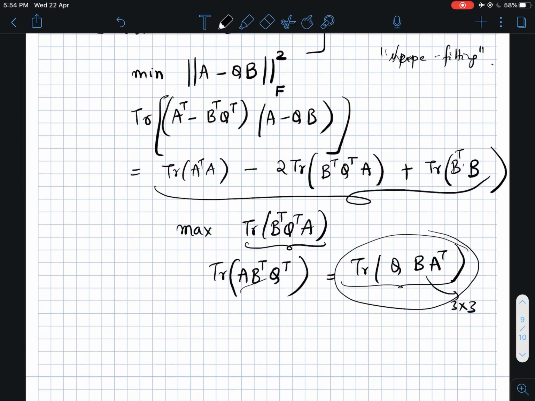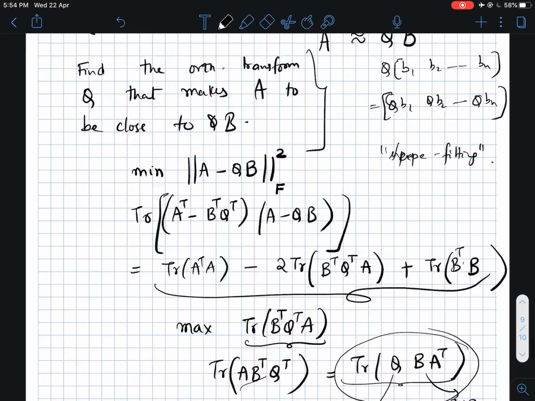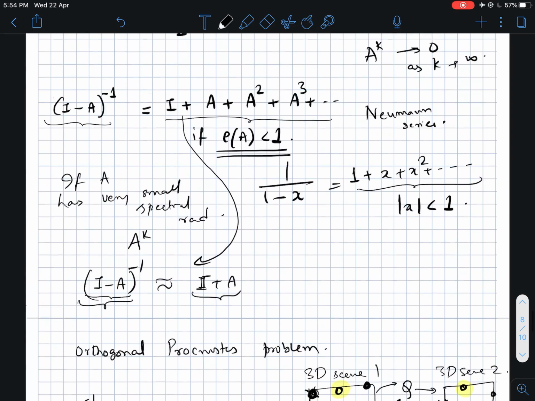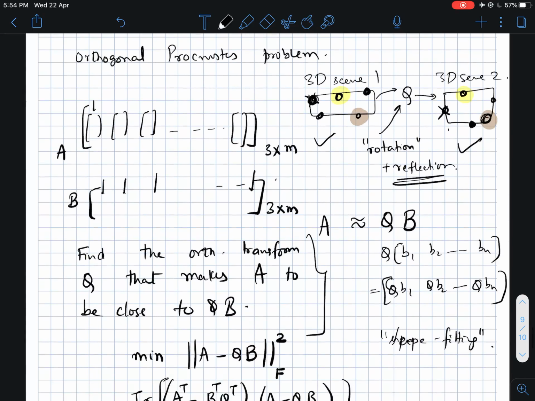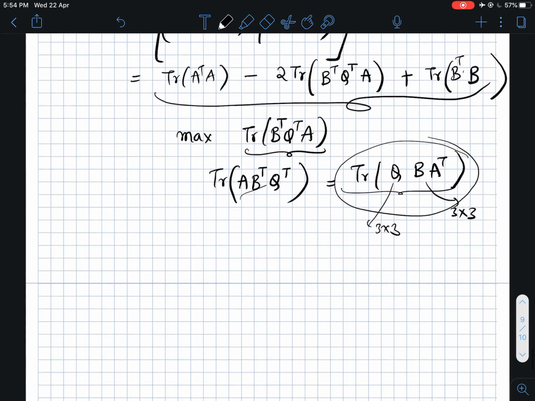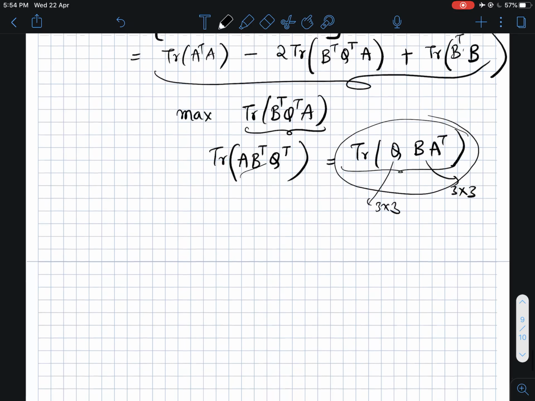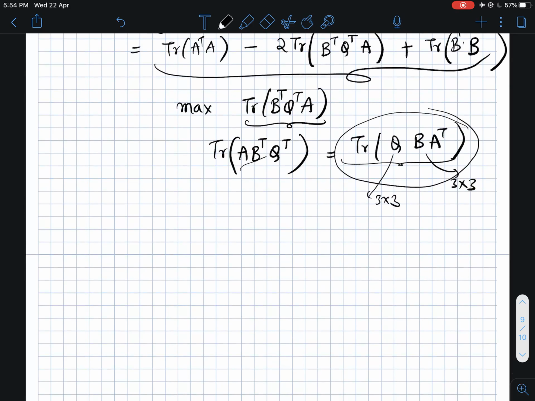And this B A transpose is going to be a 3 cross 3 matrix. It makes sense. Q is also a 3 cross 3 matrix that corresponds to the rotation. Of course, you can generalize this to n dimensions. Nothing special about 3 dimensions. All that you're doing here will go through even for n dimensions. So you have Q times B A transpose.